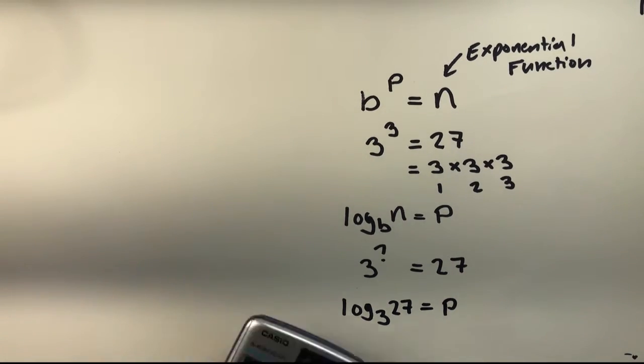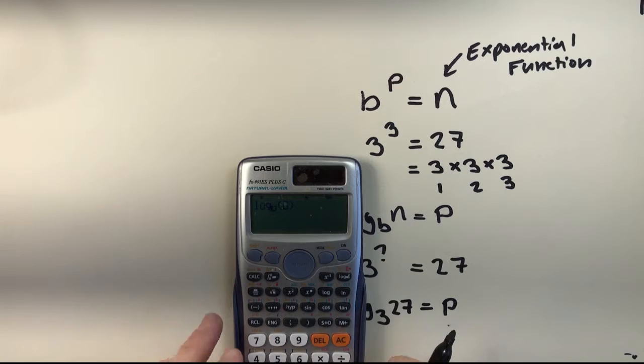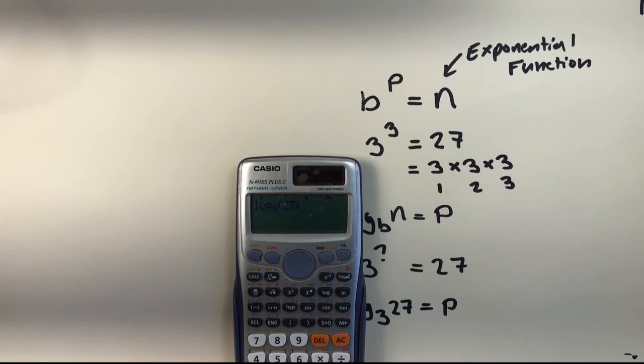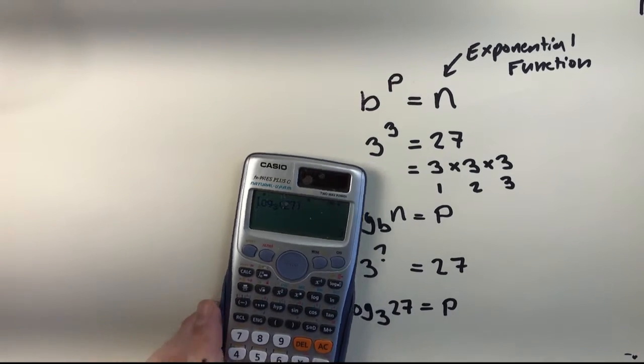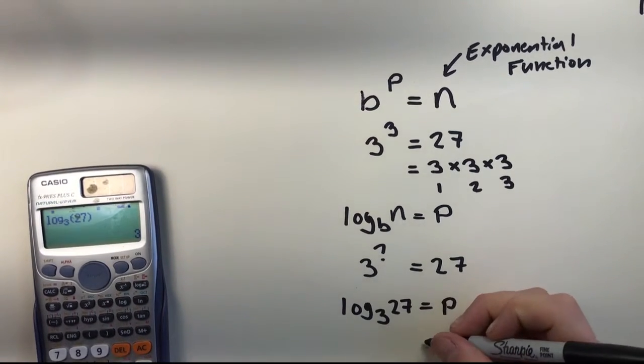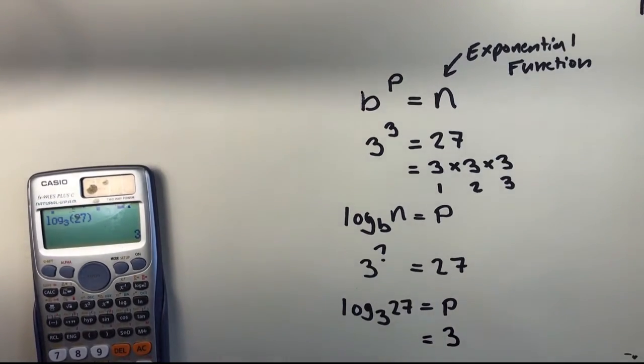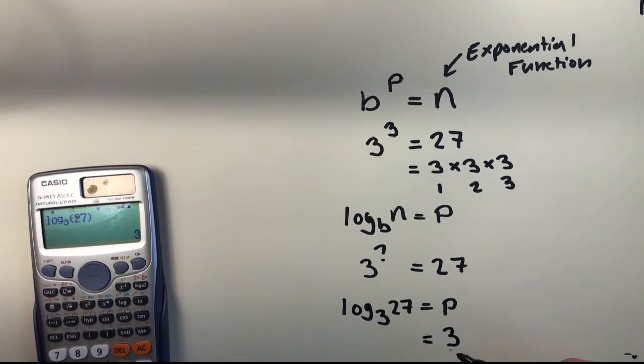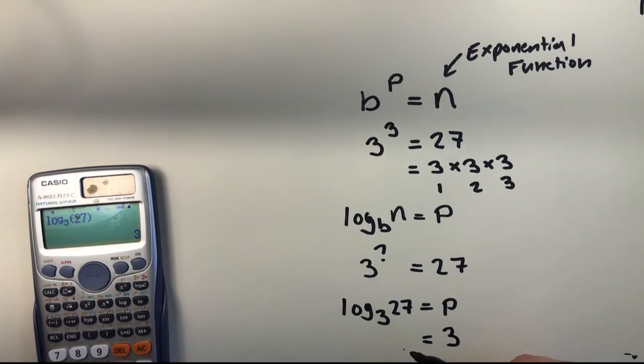Using our calculator, log base 3 of 27 will give us 3. Wow, look at that. 3 to the power of 3 gives us 27.